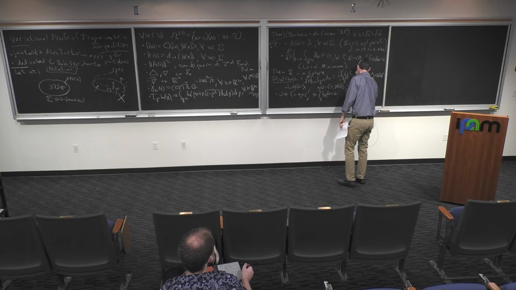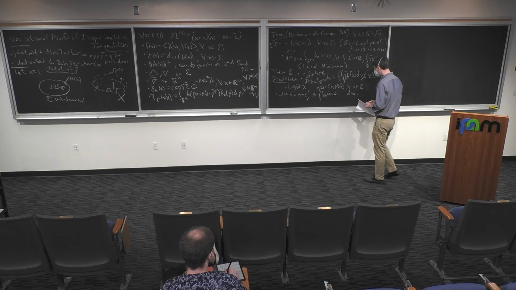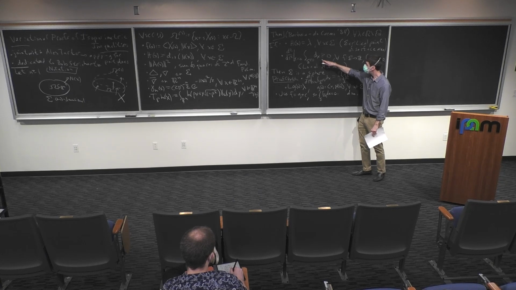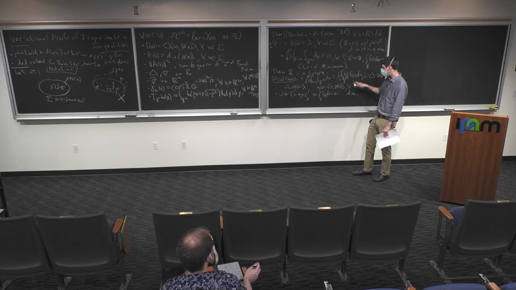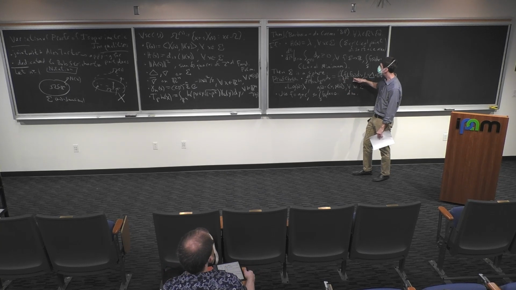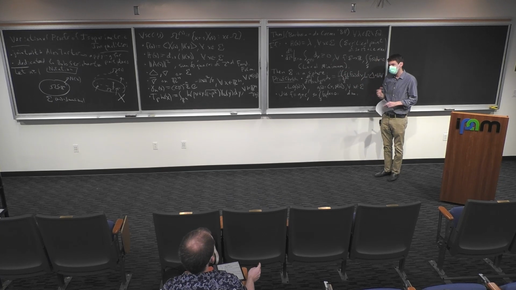And in fact, that's enough. You just plug this f into this formula. You'll see that the sphere is the only one where this quantity is non-negative. And that's it. It requires a calculation, but that's it.